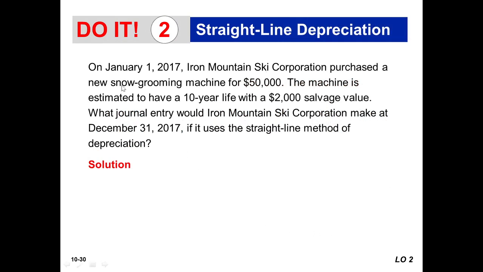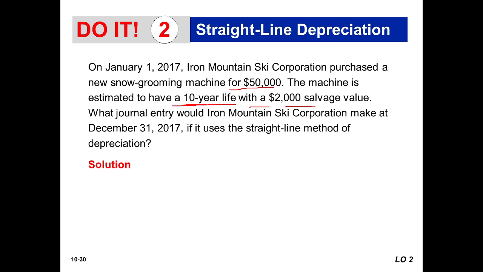Now straight line depreciation. On January 1, 2017, Iron Mountain Ski Corporation purchased a new snow grooming machine for $50,000. The machine is estimated to have a 10-year useful life, with a 2,000 salvage value.